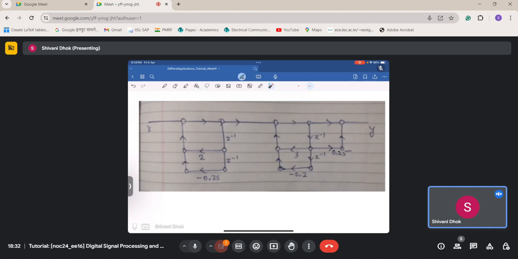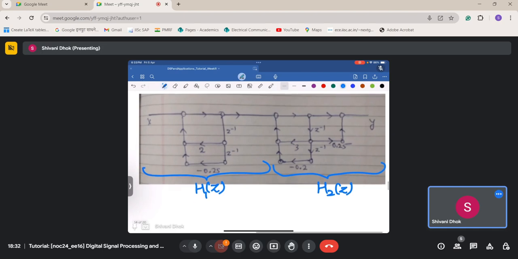First let us figure out the entire H of z. For that, let this particular thing be h1 of z, and this particular thing here be h2 of z. If you observe here, this is a feed forward thing and this is a feedback thing, and in the h1 of z part there is nothing feed forward, so everything is feedback.